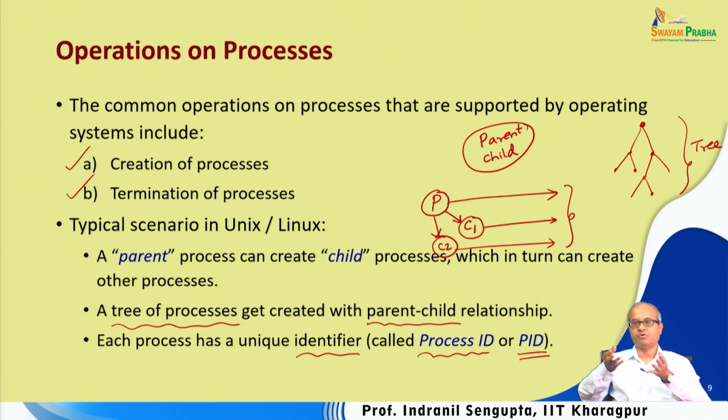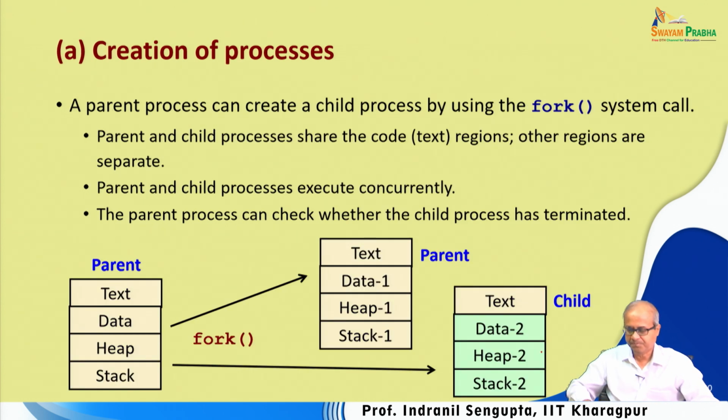So, every process in the system, in fact not necessarily running, they can be in the other states also, is assigned a unique process ID, a unique number. With that number you can do a lot of calculations or manipulations.